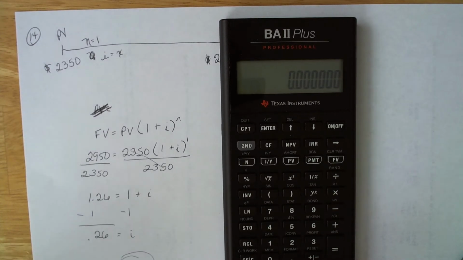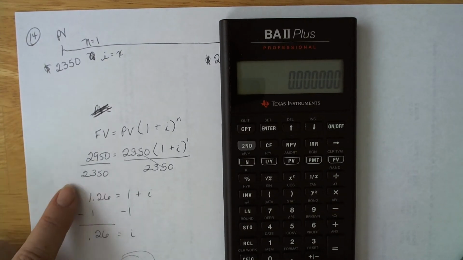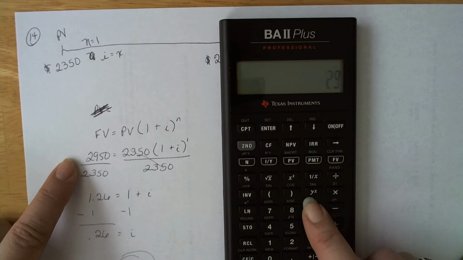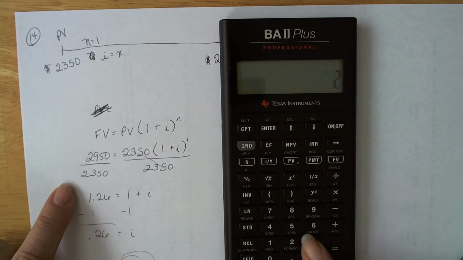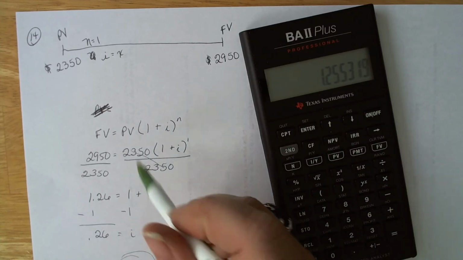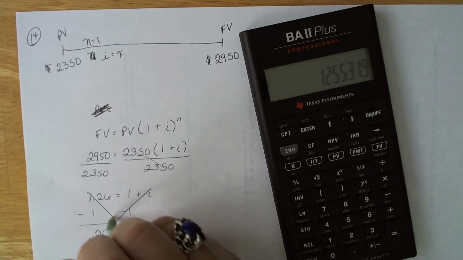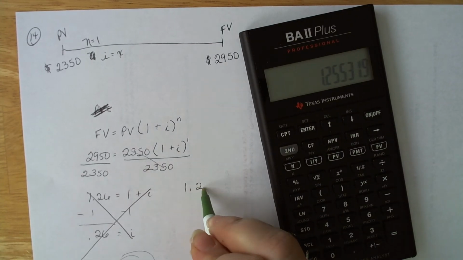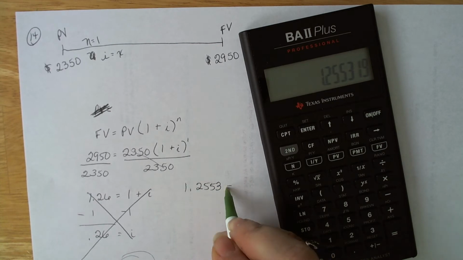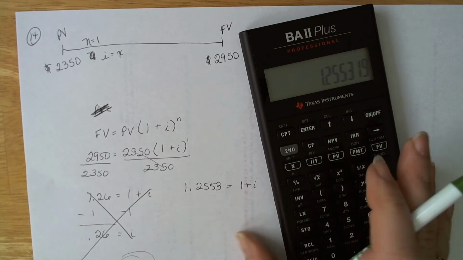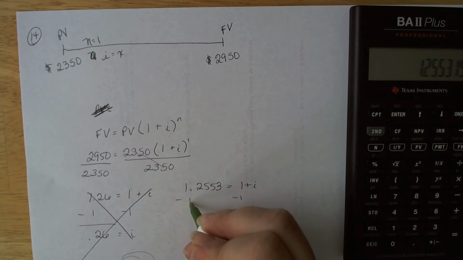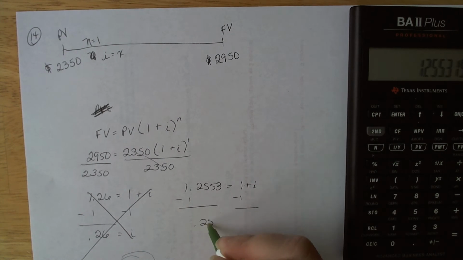So when I change it to 6 decimal points, and I go back and say 2950 divided by 2350, you'll see that I get a much bigger number. I get 1.2553 equals 1 plus I. Then when I subtract 1 from each side, I get 0.2553 equals I, which matches what's in Connect.